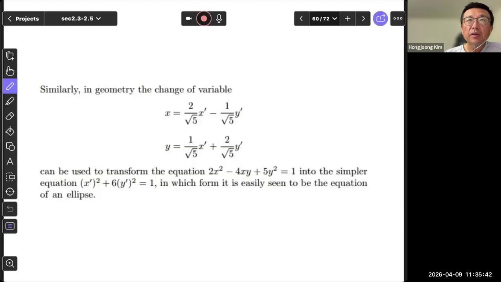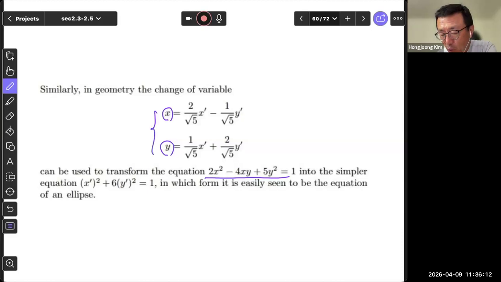Similarly, in geometry, given some equations in x and y variables, when I introduce new variables x prime and y prime by this, then the equation becomes this. What does that mean?